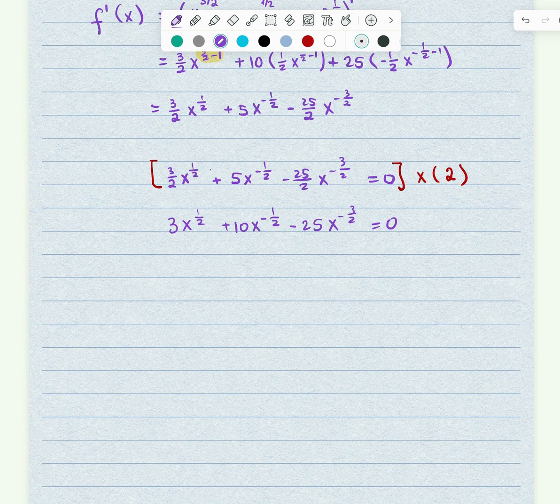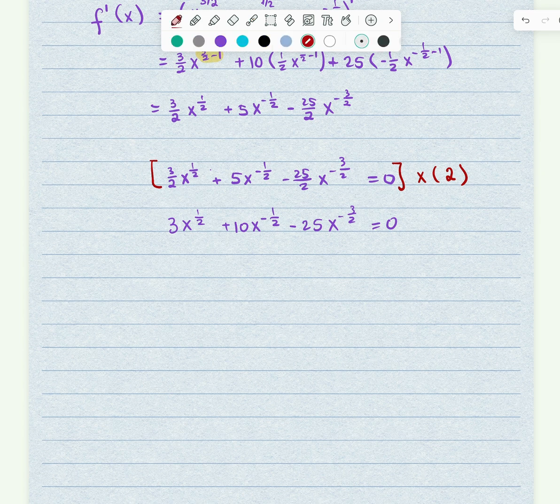You can think of this process as factorizing the expression, or you can say I'm going to multiply everything by x to the power of positive 3 divided by 2. That's the smallest one among these powers: 0.5, negative 0.5, negative 1.5. By doing so, we are going to have x squared, x, and the constant term.